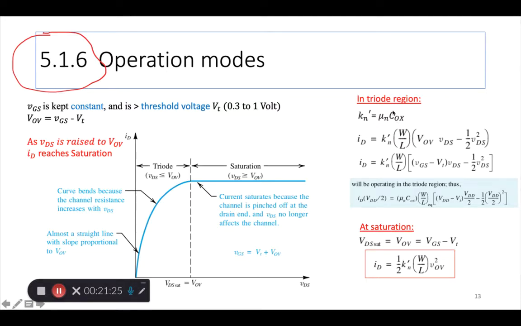I hope you remember the triode region, saturation region and all that. Here are the formulas we use for drain current in triode and drain current in saturation, and this curve. You'll find that this particular blue shaded formula is used a lot in analysis also. This is similar to this, but this form is more common in this chapter.